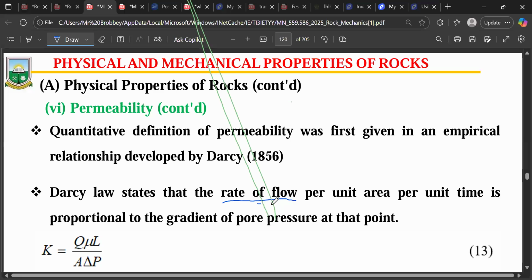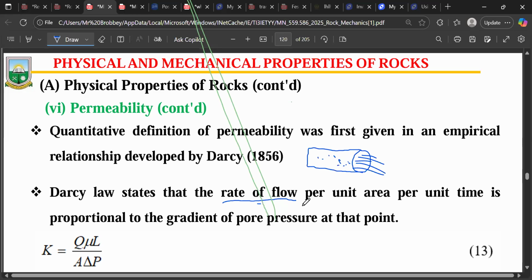So the rate of flow per unit area. Now, when we take a circular-edged rock sample and we pass some water through this, the rate at which the water is going to be dissipated out of the rock, per this area that we have been given, is what Darcy is saying.